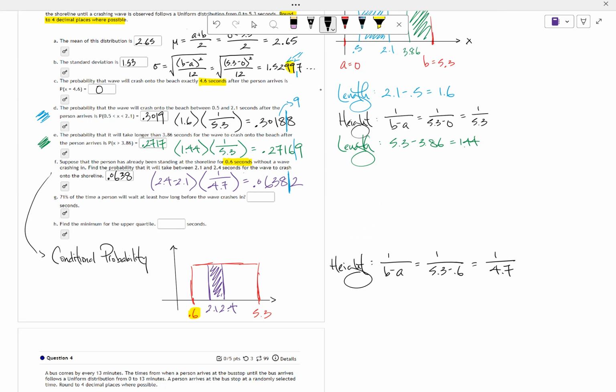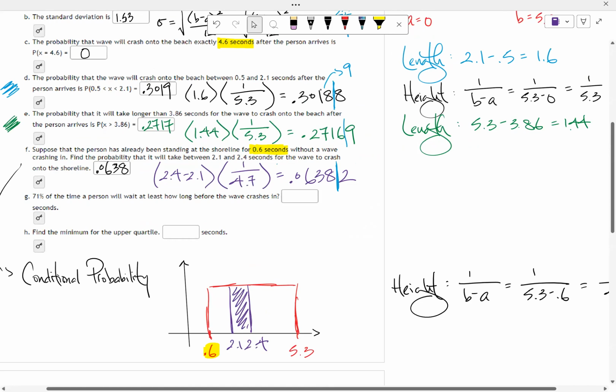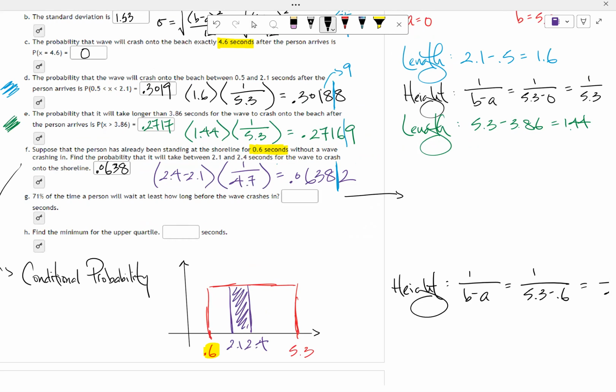Part G says 71% of the time, a person will wait at least how long before the waves crash in? All right, so we know that our rectangle has a height of 1 over 5.3. This is the height. What we don't know is the length of this rectangle, but we know that the area is 1 minus 0.71.